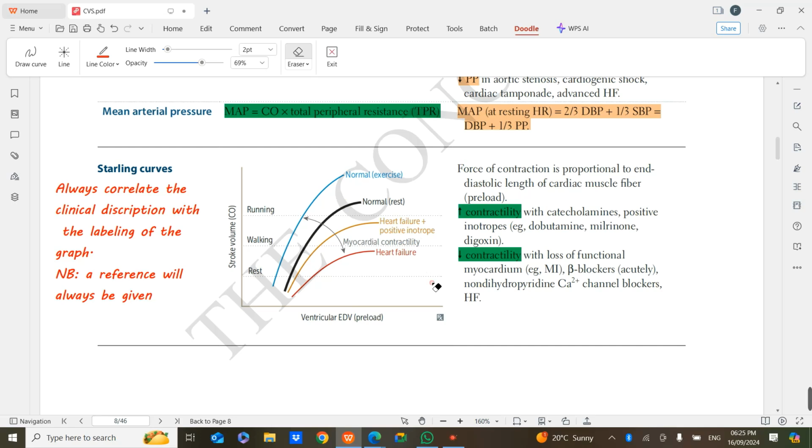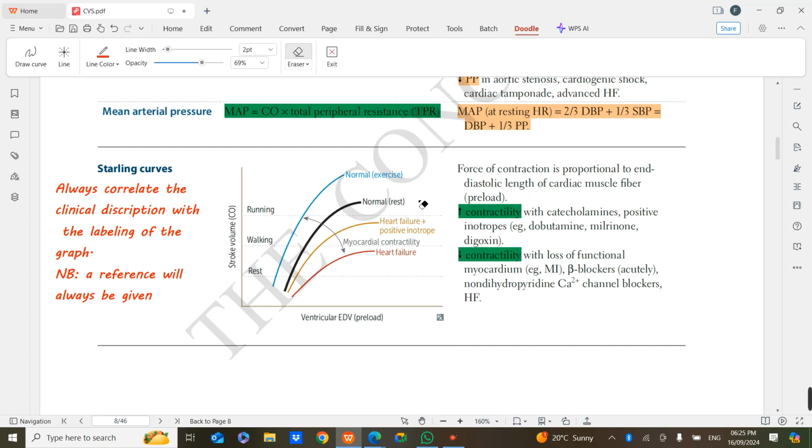All right, so they give you a question here that this is a normal curve. They now ask what you think the curve will look like for a patient that is exercising. This is for normal.